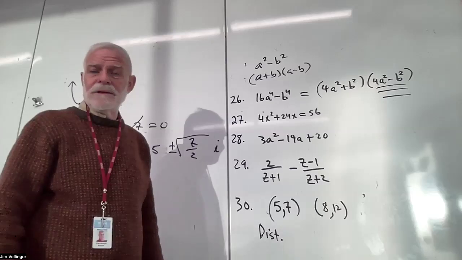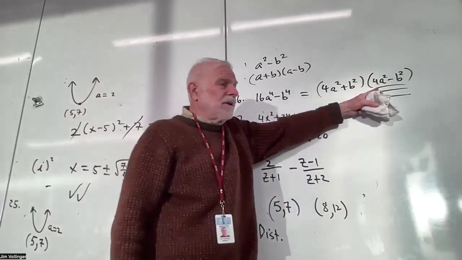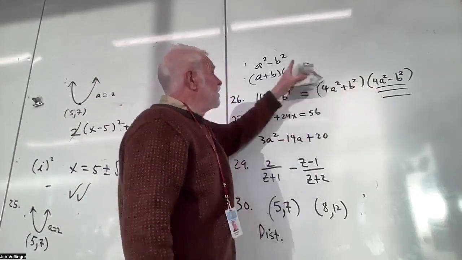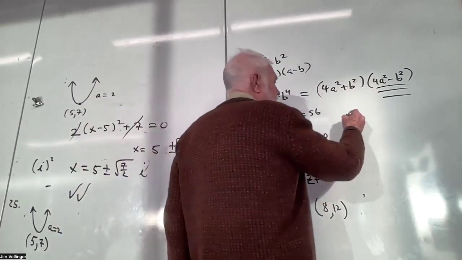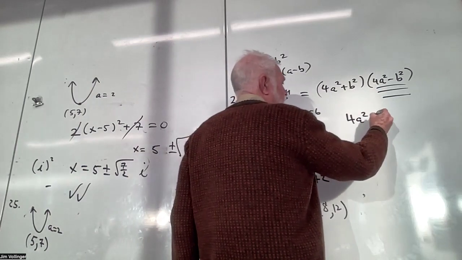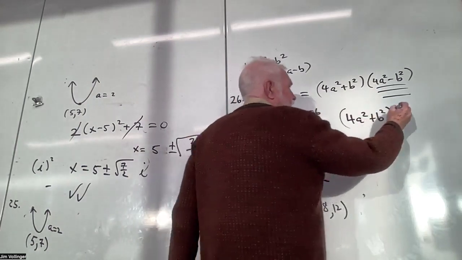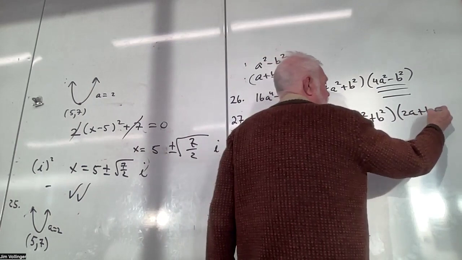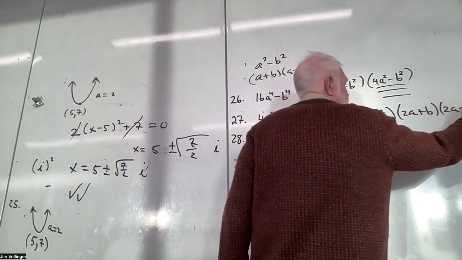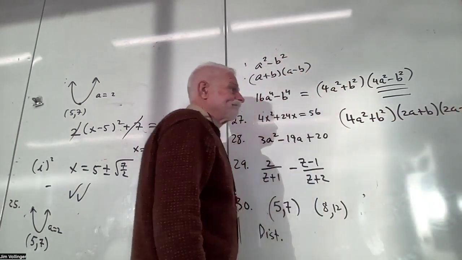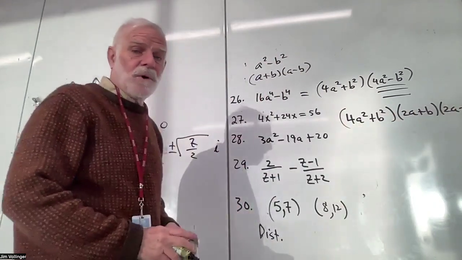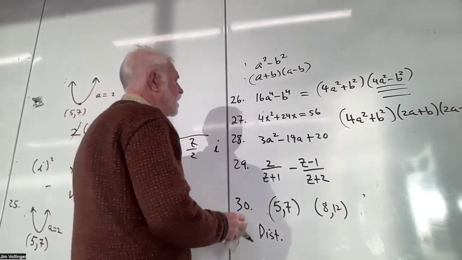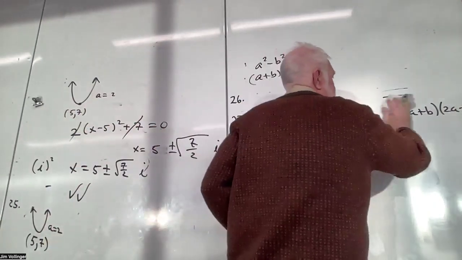If you have working knowledge, that means when you see something like that, you go, oh, that's a difference of 2 squares. Final answer, 4a squared plus b squared times 2a plus b times 2a minus b. Open to see that if I throw it your way again. All right, so that was that problem.